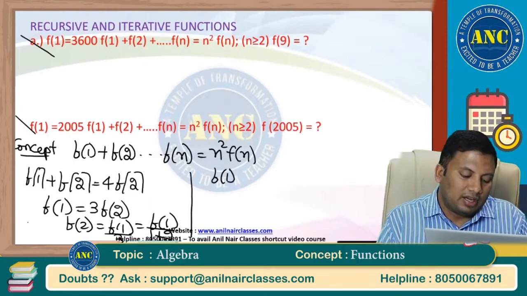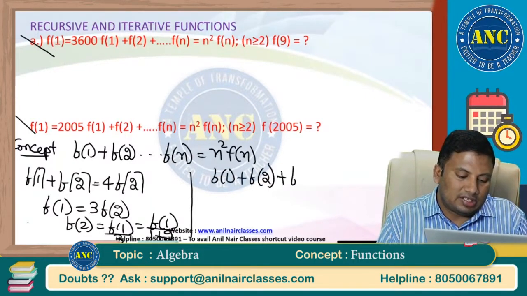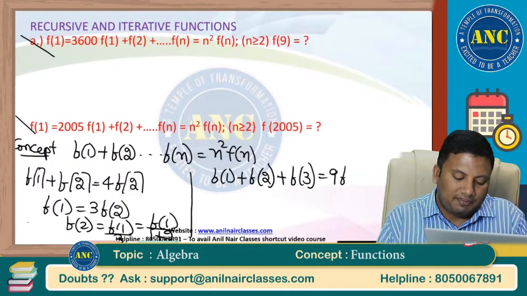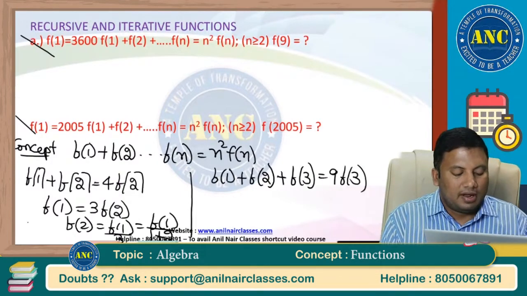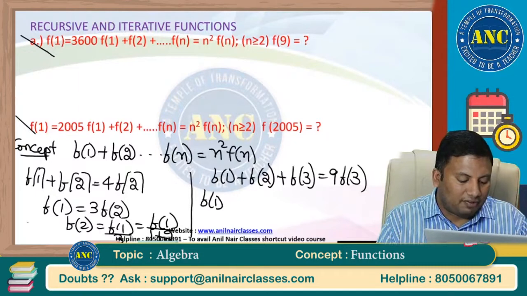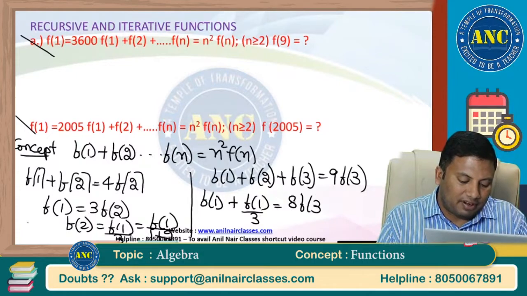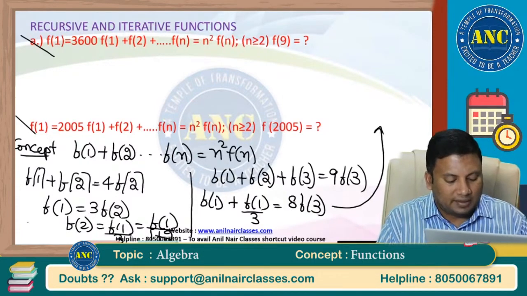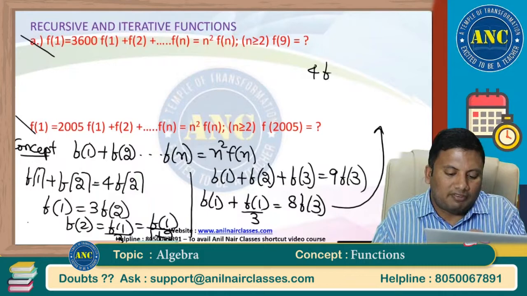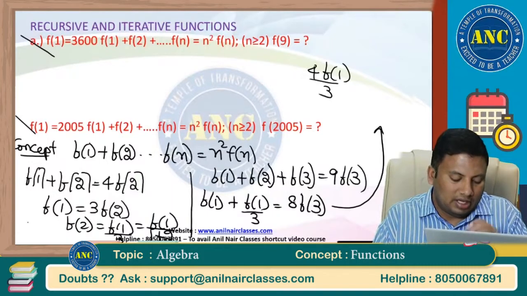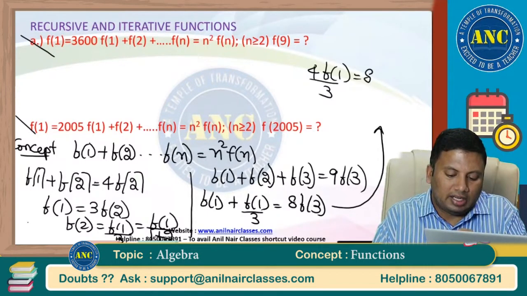Similarly, let us do it for the first 3. f of 1 plus f of 2 plus f of 3 is 9 f of 3. Listen carefully. Taking f of 2 as f of 1 by 3, f of 1 plus f of 1 by 3, which is 4 f of 1 by 3, equals 8 f of 3.